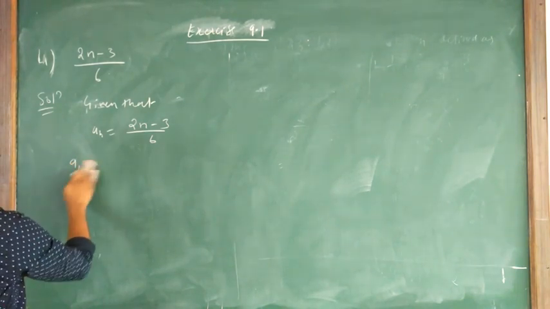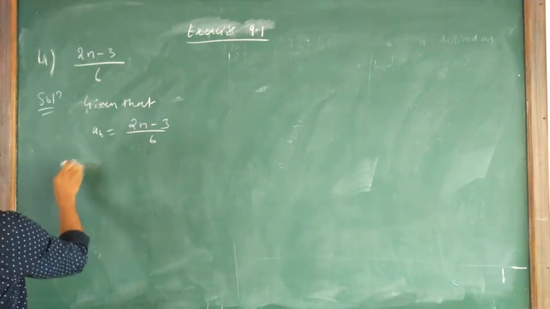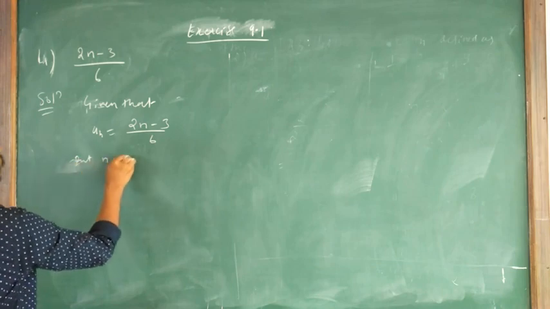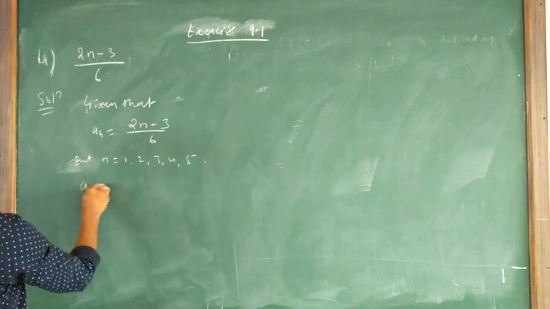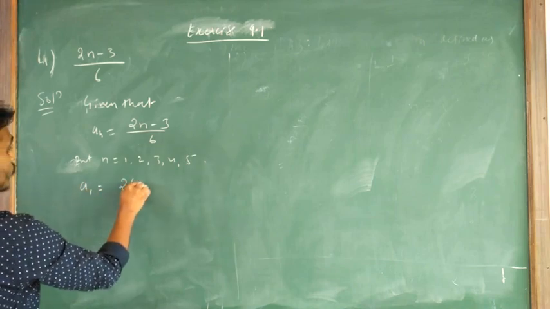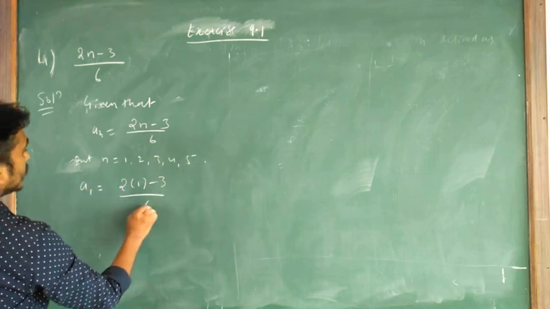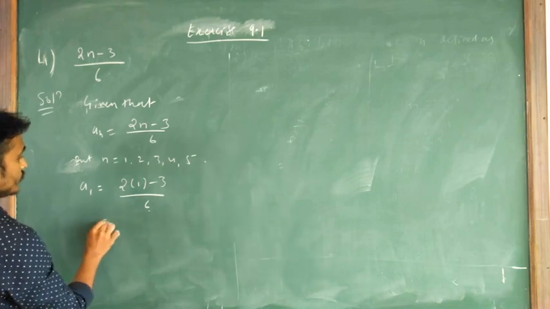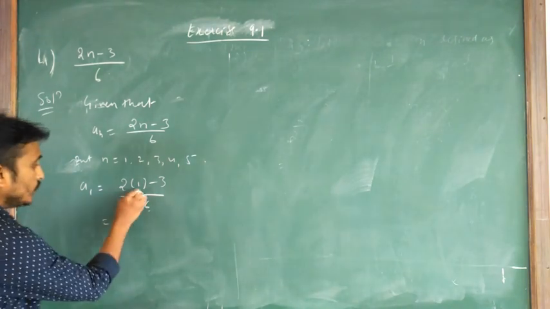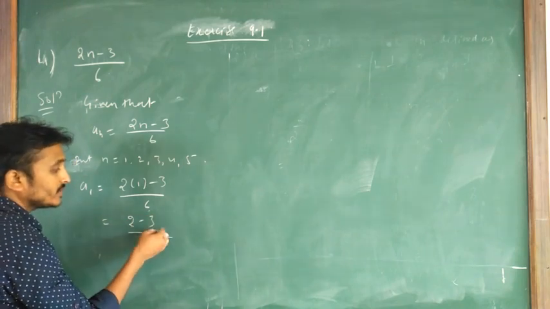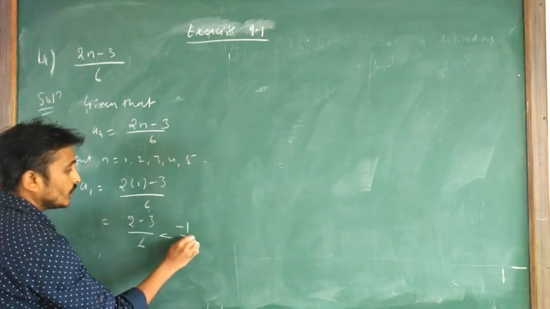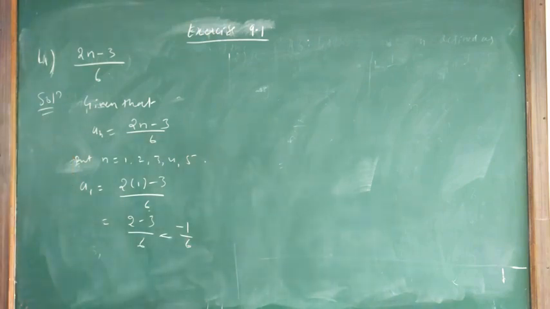A1, put n equals 1: 2 into 1 minus 3 divided by 6. 2 into 1 is 2, minus 3, divided by 6, which is 2 minus 3 is minus 1 by 6.